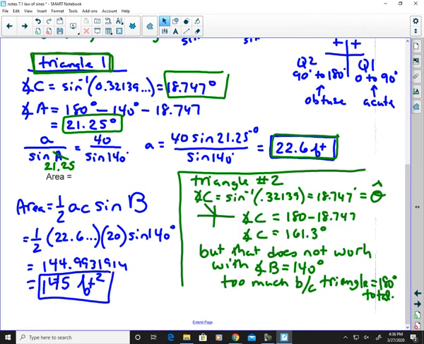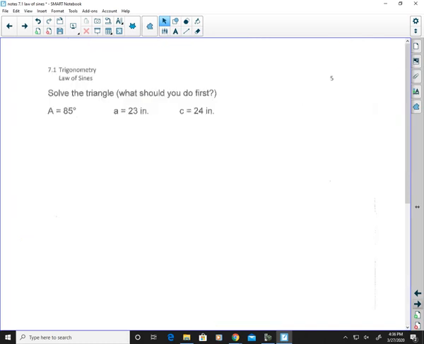Your mini quiz will be a two triangle case, so expect to see an ambiguous case on the mini quiz. Let's solve this triangle.